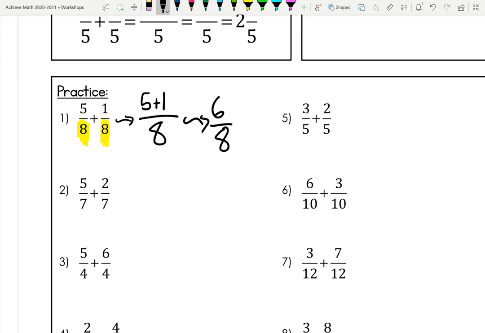Now, I'm going to reduce this, and I know that both 6 and 8 have a common factor of 2. They're even.